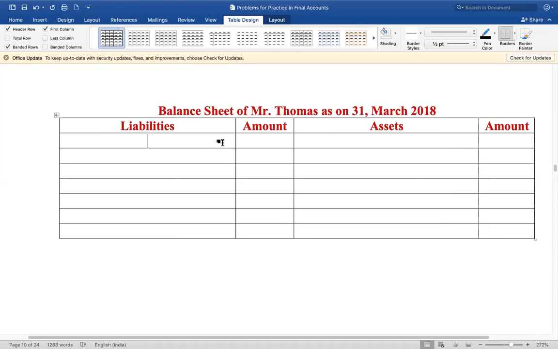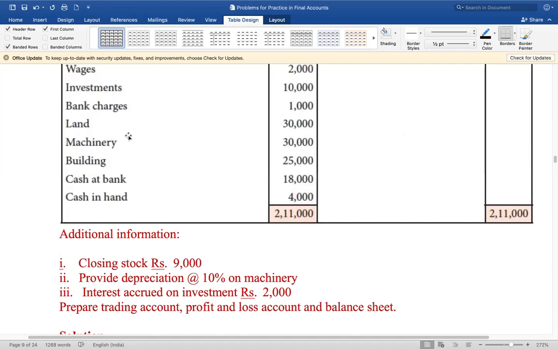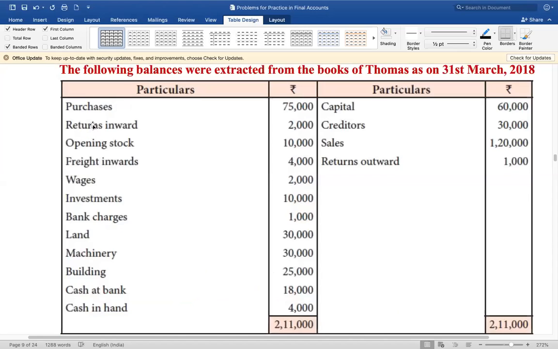Now from this trial balance, we try to identify only assets and liabilities. We have already marked them when reading the problem. We'll take those items and drop them here directly if there are no adjustments. If there is an adjustment, give appropriate treatment to that item.